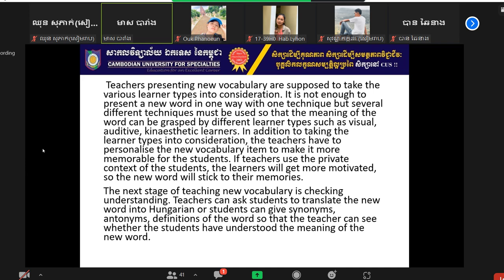The next step of teaching new words is understanding, using a dictionary, and naming the word with synonym, antonym, and definition of the word, so that the teacher can see whether the student has understood the meaning of the new word.